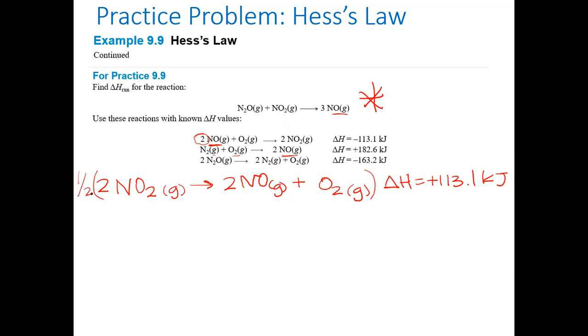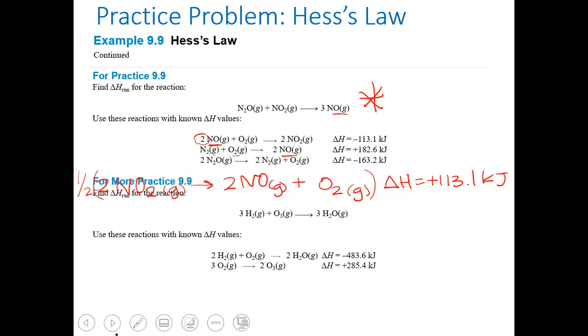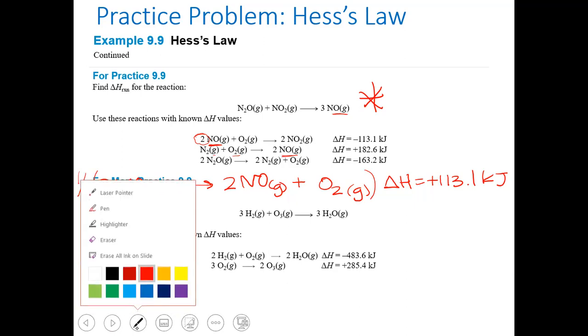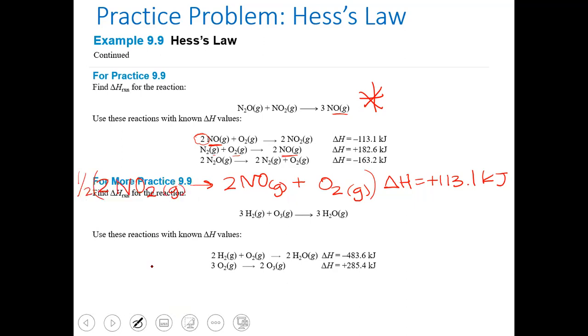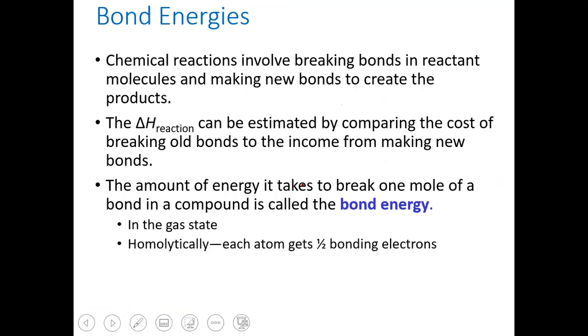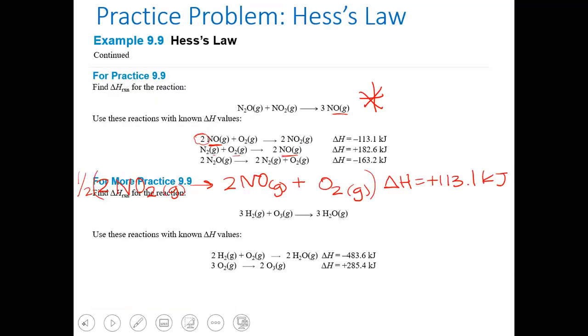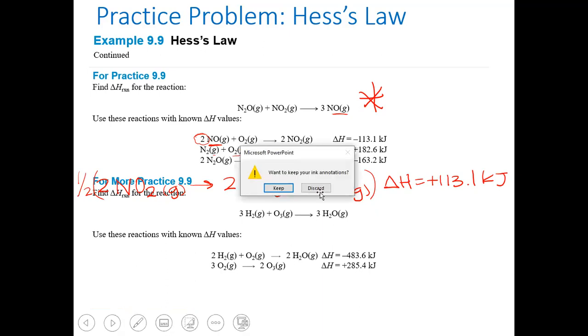I don't like this example because we didn't talk about this. Let me see. Is there a D? Let's do this bottom one instead. All right, let me do this real quick.